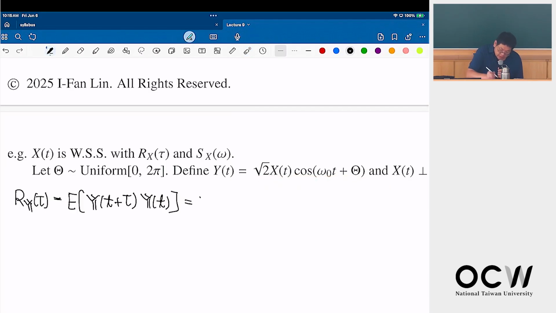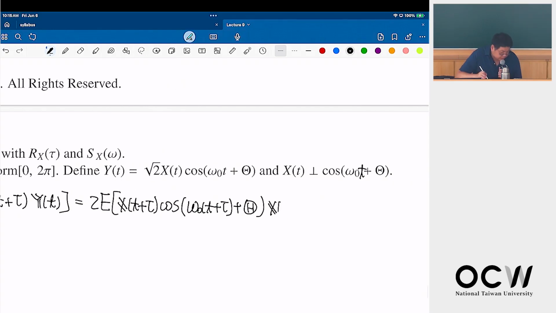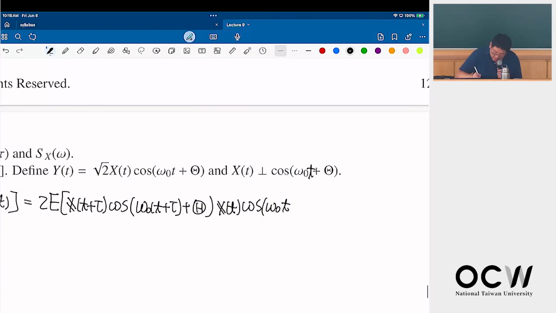That means we get 2, because square root of 2 times square root of 2 will be 2 times the expectation of x(t+tau) cosine(omega naught (t+tau) plus theta) times x(t) and cosine(omega naught t plus theta).